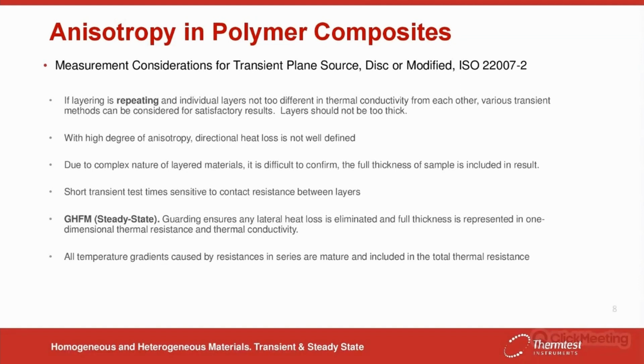With a high degree of anisotropy, directional heat loss is not well defined. So again, heat diffusing in a manner that is not covered by the theory of your testing method can cause error. Due to the complex nature of layered materials, it is difficult to confirm that the full thickness is included in the result.